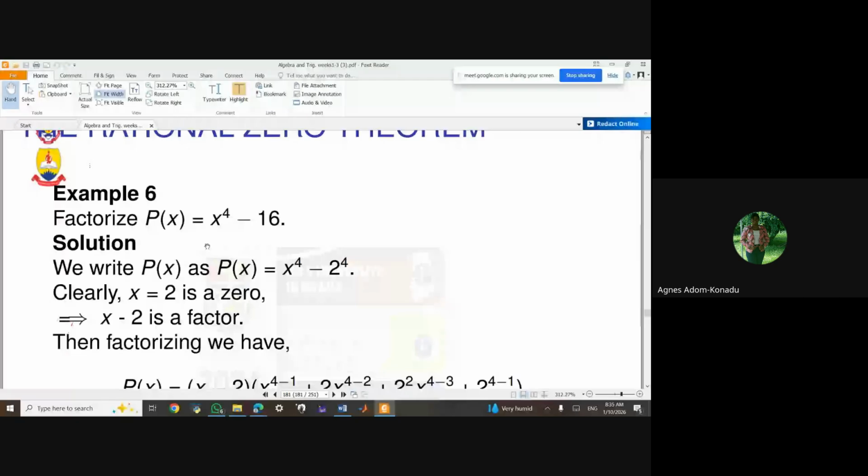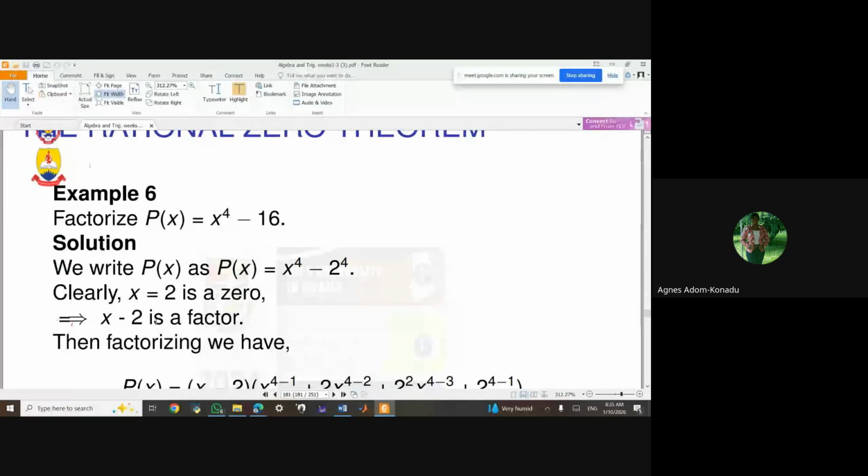Okay, so for example, if I have p of x equal to x to the power 4 minus 16, this can be written as p of x equal to x to the power 4 minus 2 to the power 4. This means that x minus 2 is a factor, from that theory.